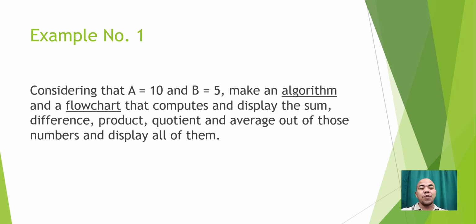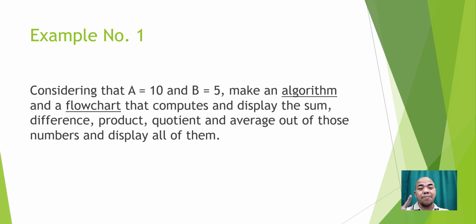Now, before we make any solutions, before we make an algorithm, you have to understand this one first. Read and understand carefully what really is the problem. Okay, you have to understand it. Then after reading, identify what the variables are.